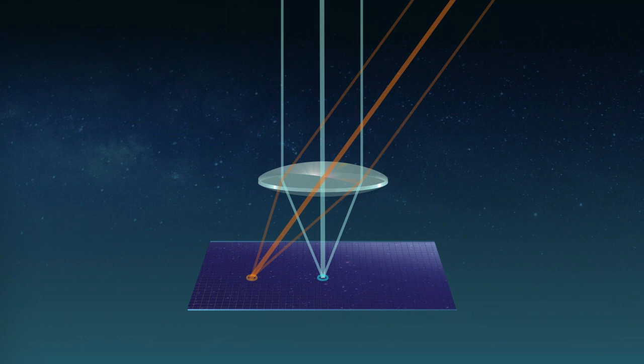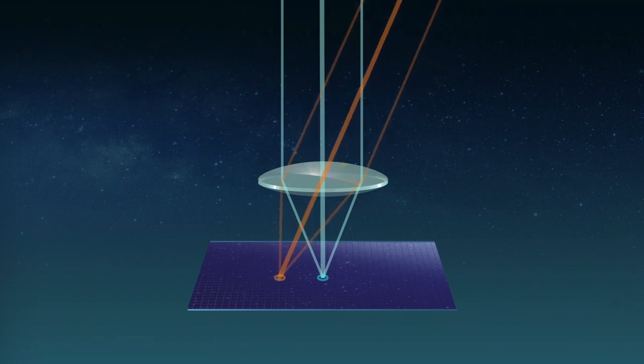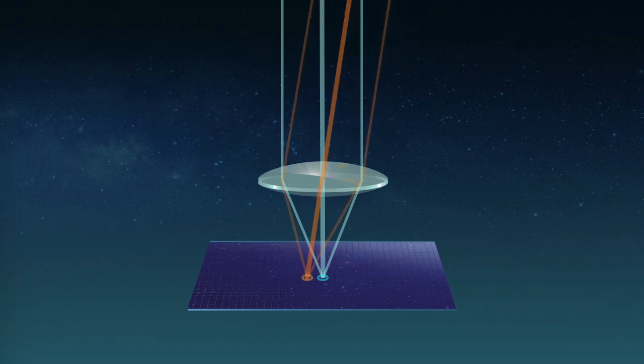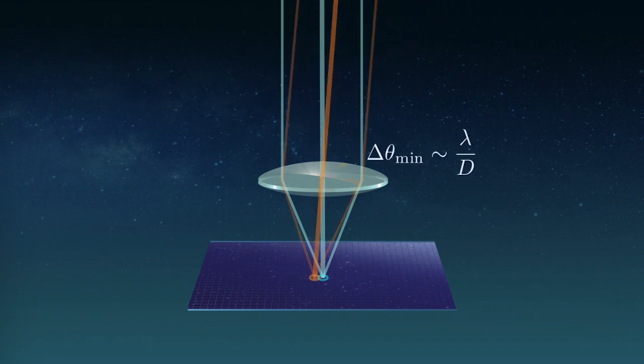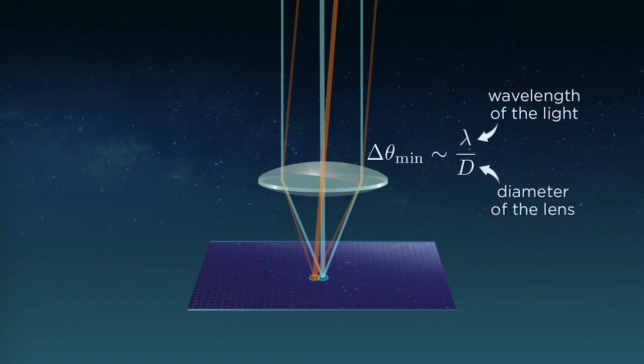Problem, though, is that we can't focus light into as small a point as we might like. As we'll see in a moment, the stars blend together when the angle between them, delta theta, is on the order of lambda over d, where lambda is the wavelength of light and d is the diameter of the lens, or mirror, or whatever we're using to collect and focus light.